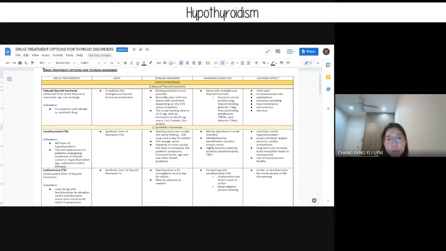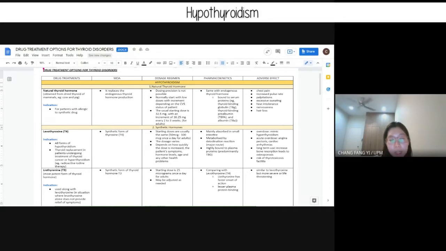The next group of drugs that can be given to the patient with hypothyroidism is the synthetic hormones. The first type of synthetic hormone is levothyroxine. We give levothyroxine to all forms of hypothyroidism present in patients and also as thyroid replacement in patients undergoing treatment of thyroid cancer or hyperthyroidism.